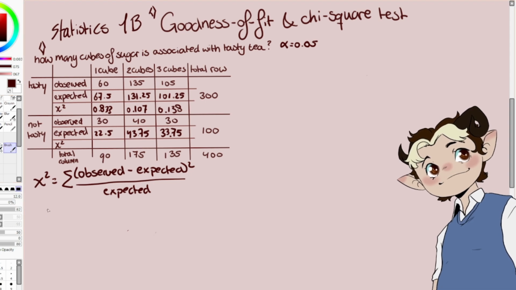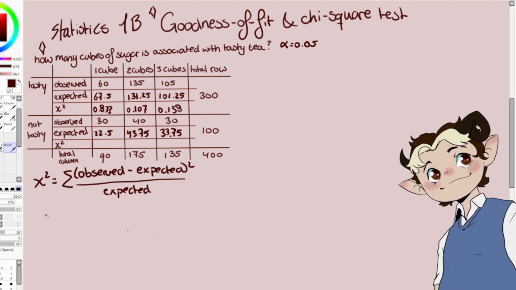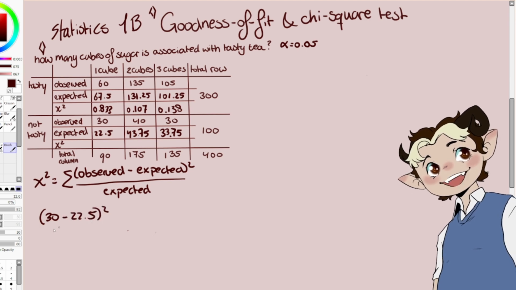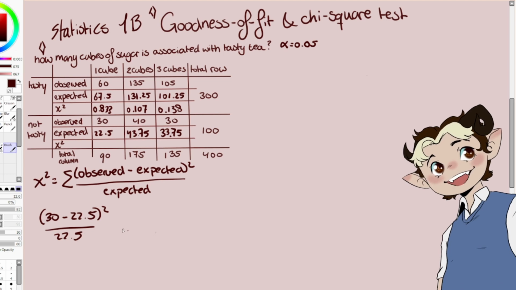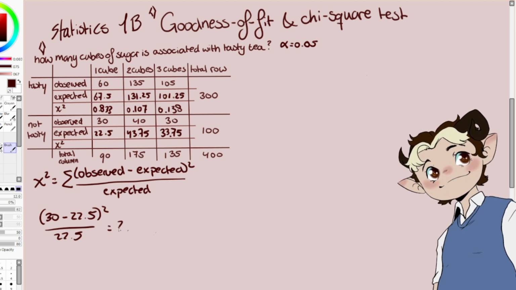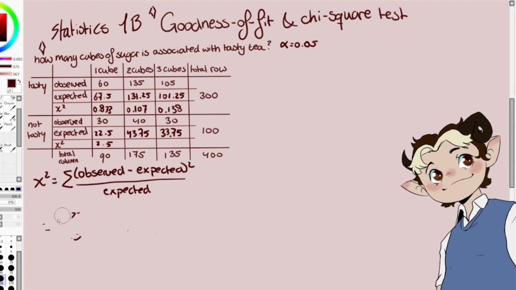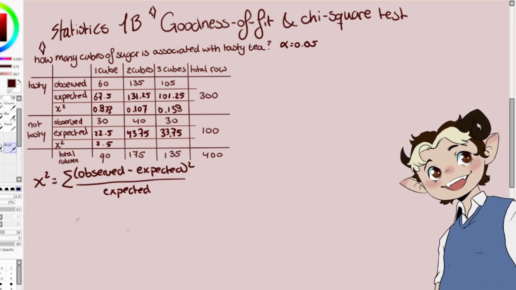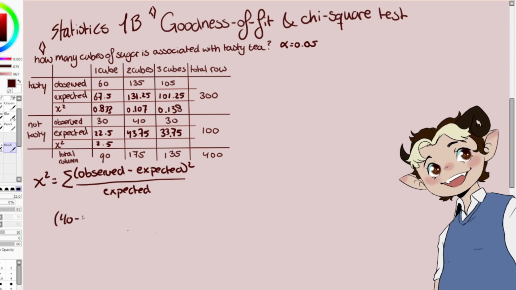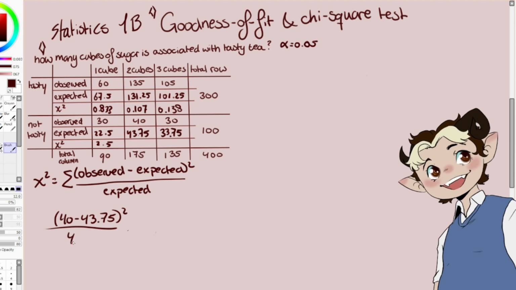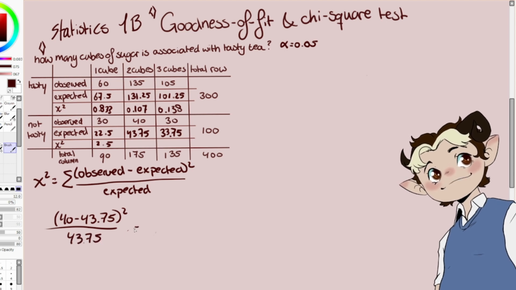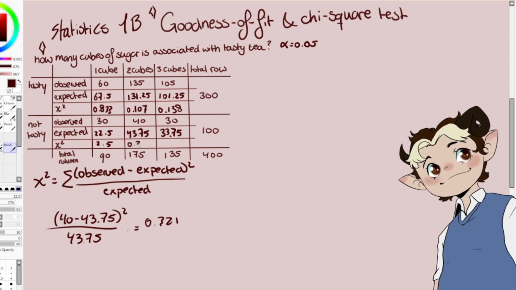Then let's move on to the not tasty section, which is 30 minus 22.5, squared, divided by 22.5, which is 2.5. Then this one is 40 minus 43.75, squared, divided by 43.75, which is 0.321.